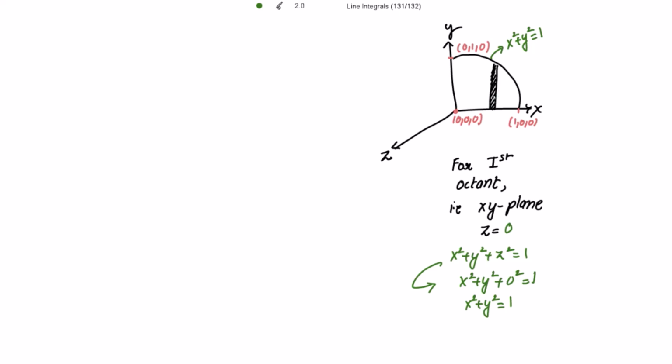If you consider this black colored strip, what is the limit for x? From here just get the value of x, that is square root of 1 minus y square. Because this strip is touching this surface where the value of x is square root of 1 minus y square. So the limits of x are from 0 to square root of 1 minus y square, and the limits of y are from 0 to 1.